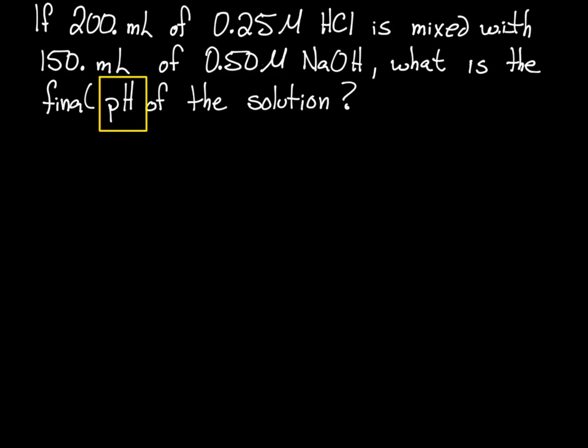The pH is based on the concentration of the H plus ions present. We could also calculate it backwards with the OH minus ions present.